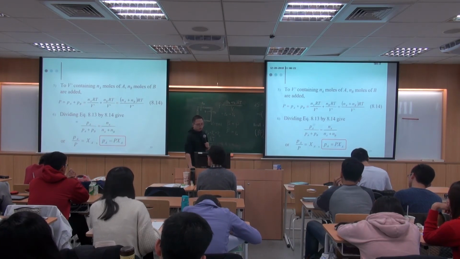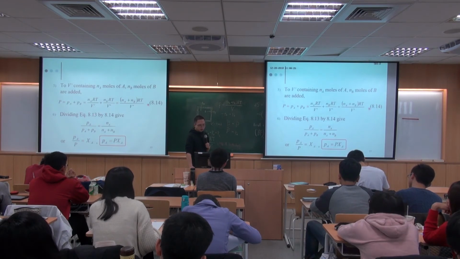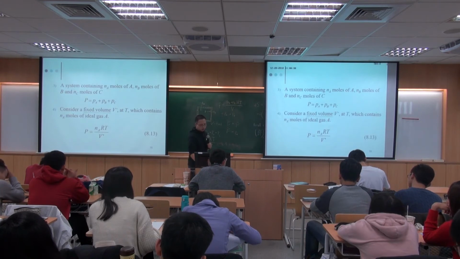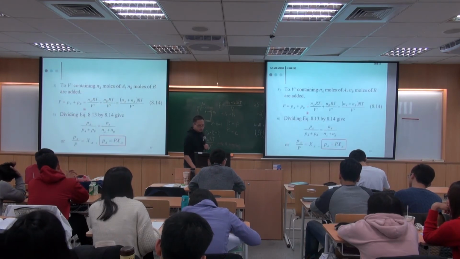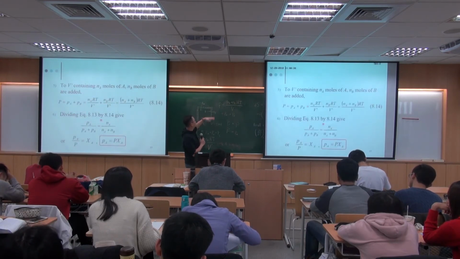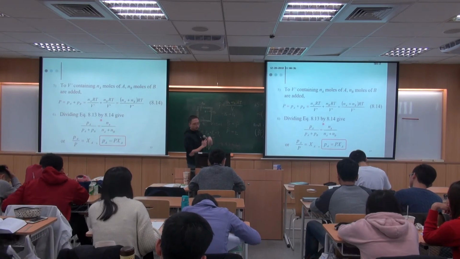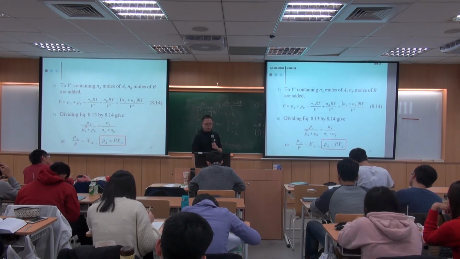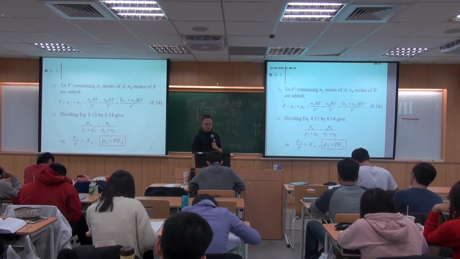If you divide equation 8.13, which is this one, by 14, which means you divide these two, you'll see that PA over PA plus PB is NA over NA plus NB.